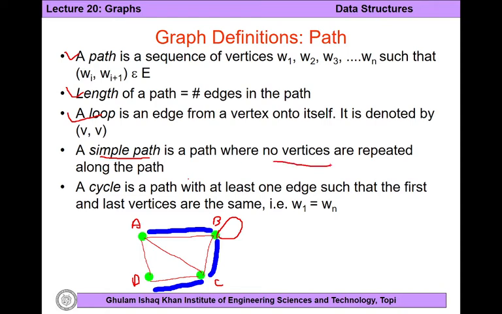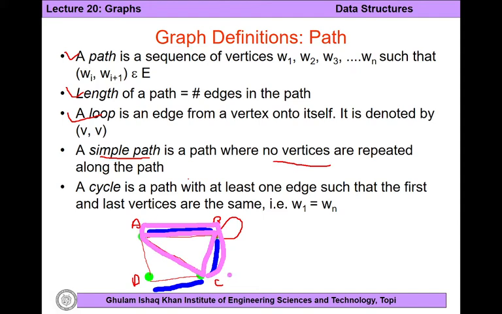So let me demonstrate to you a path which is not a simple path, right? Let me use this pink color. So let me draw a path. For example, from A we come to B, from B we come to C, from C we come to A, and from A we come to B again, and from B we come to C again, right?